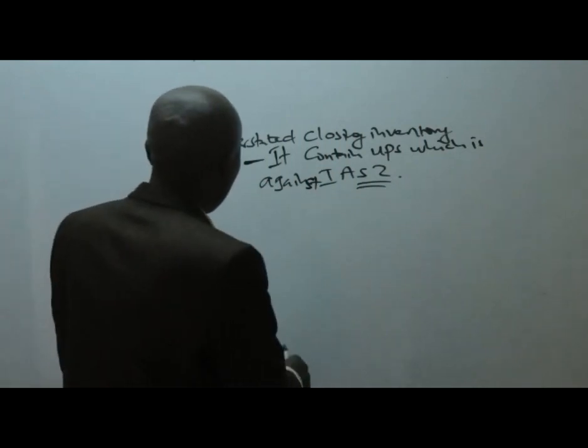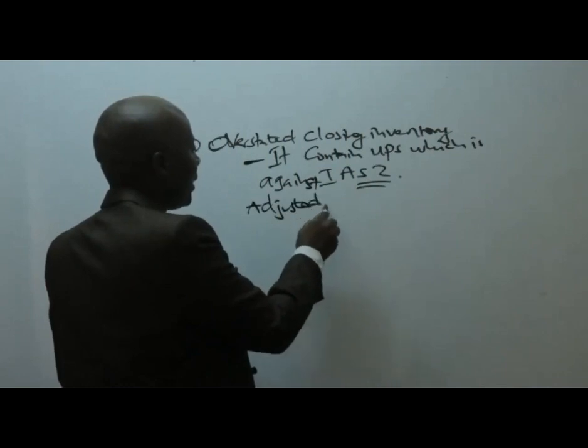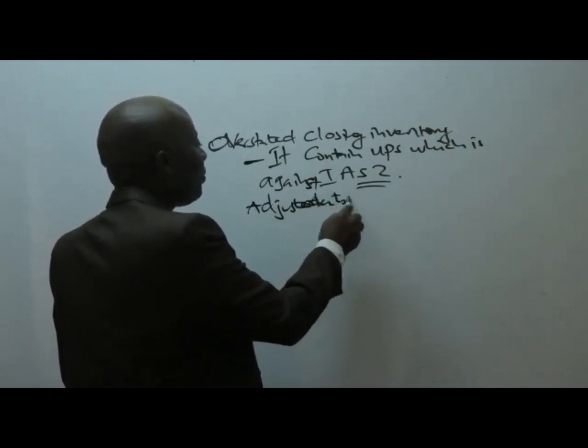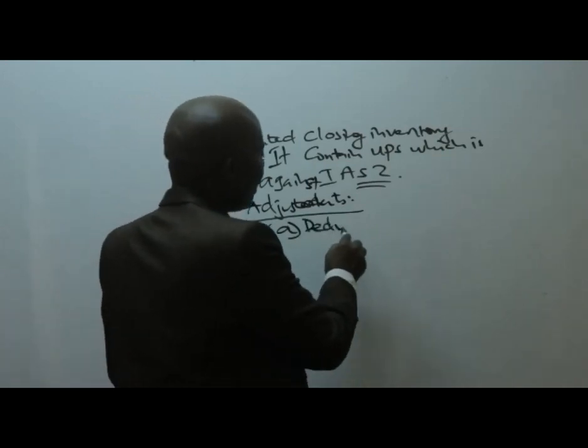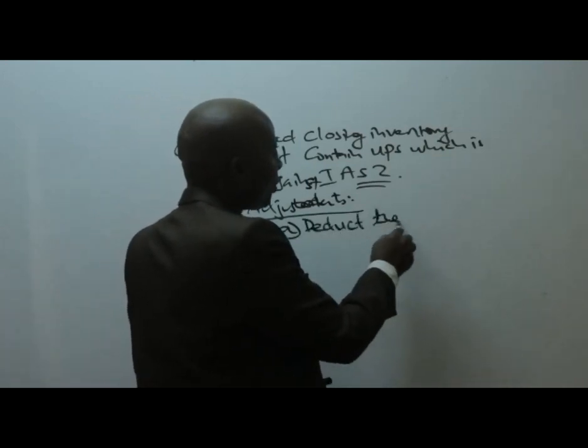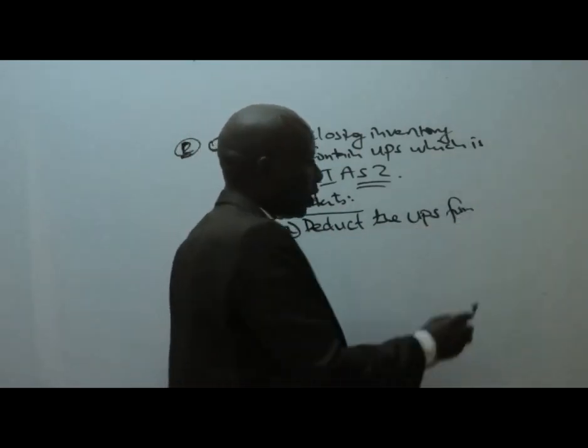Then we shall do the following. The adjustments will be 2. The first adjustment is to deduct the UPS from the group's inventory.